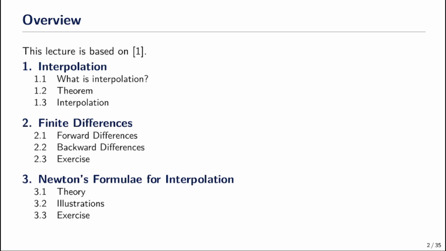Mainly interpolation, the process, and the interpolation function, forward differences and backward differences. In the upcoming videos, we'll be discussing Newton's formulae for interpolation using finite differences.